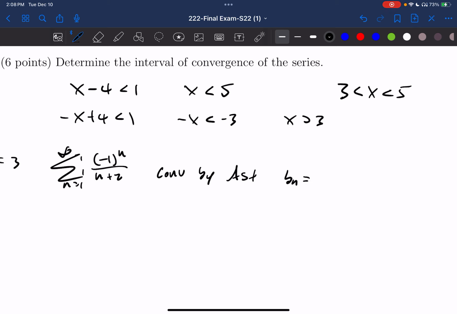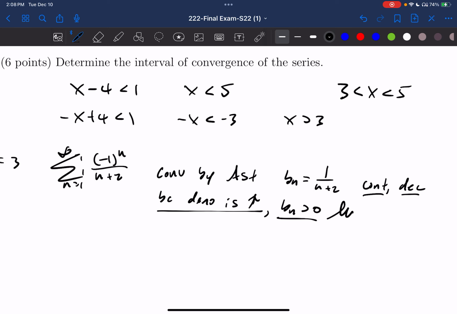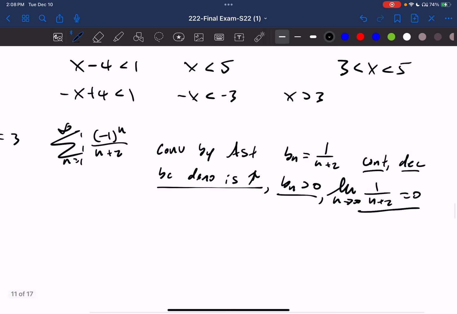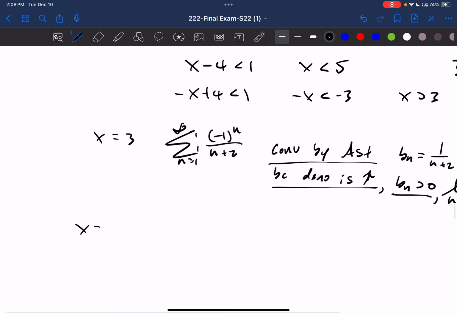If b of n is equal to 1 over n plus 2, it needs to be continuous, decreasing because the denominator is increasing, and positive, so b of n must be greater than 0, and the limit as n goes to infinity of b of n, 1 over n plus 2, must be equal to 0. Since all 4 of these conditions are true, this series will converge by alternating series test. Let's plug in x equals 5, the other endpoint.